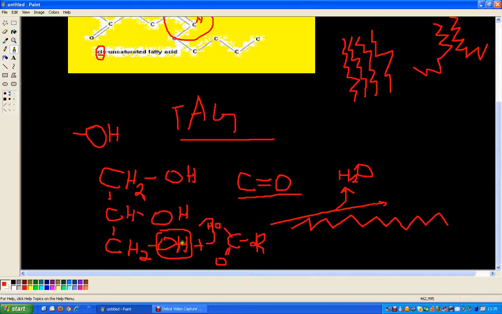You can see H, O, and H. It's going to make water. And you're going to have CH2. And then this is the important part. It's going to bind with an O and with a C, which is bound with a double bond to an O, and then your lateral chain.